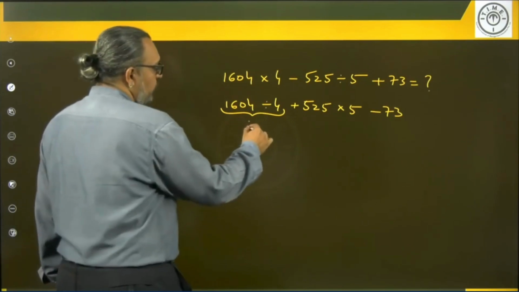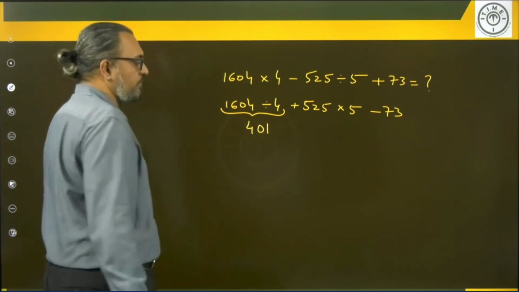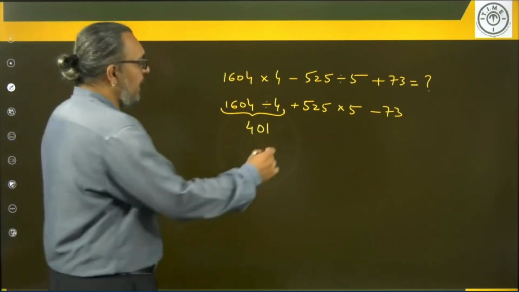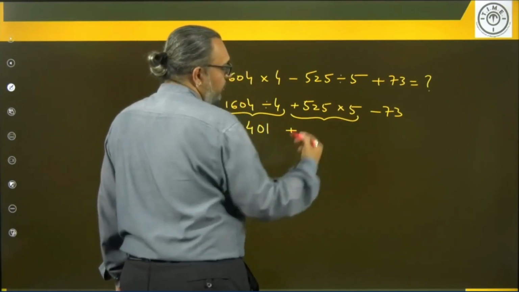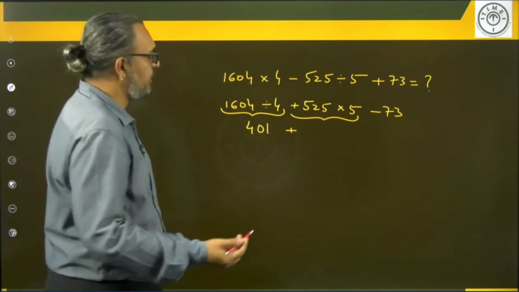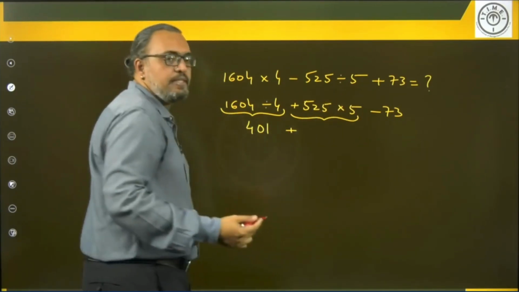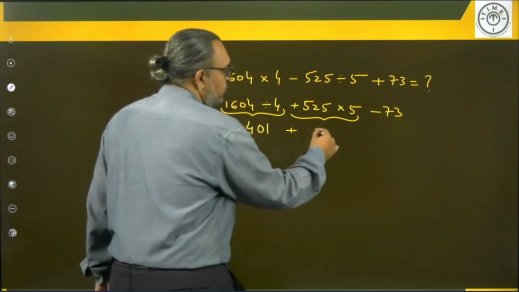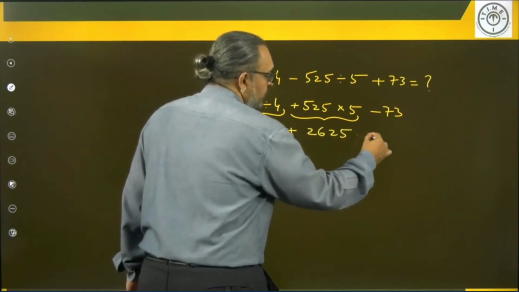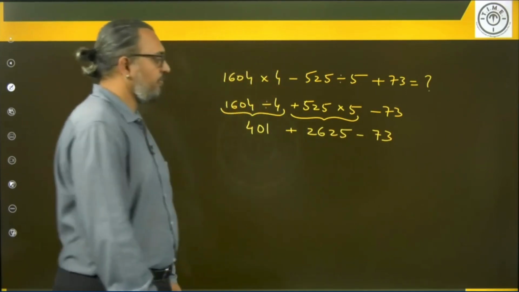You are going to get 401, correct, and then you take the multiplication. So 500 into 5 is 2500, then 25 into 5 is 125. So 2500 and 125 is 2625, then minus 73.